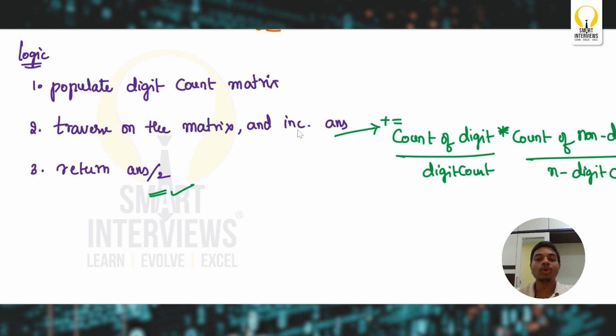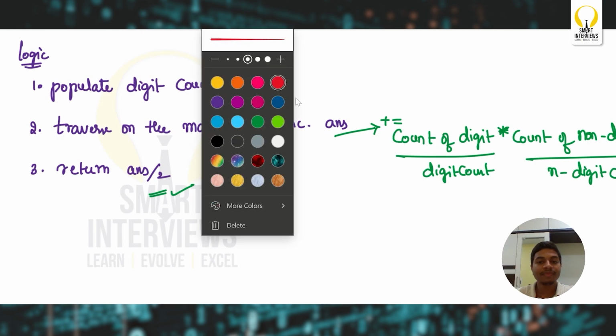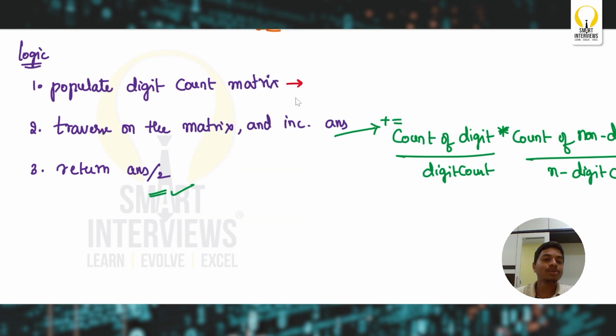And if you try to look at the complexity, how much time does it take to populate this digit count matrix? You're supposed to iterate on the entire nums array, which takes n time. And for each and every number, you're supposed to iterate on all the digits of the particular number, which takes the number of digits length.